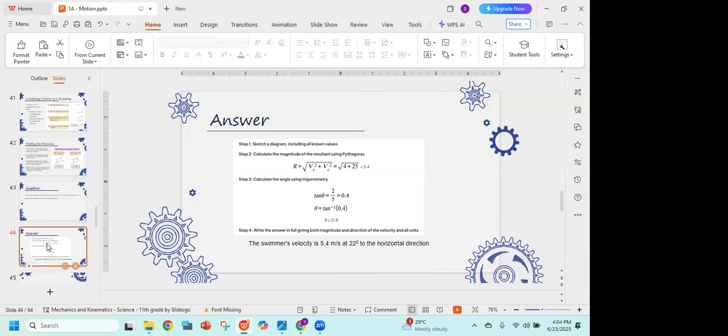Understood? So that means he is going this way, across the riverbank, at an angle of 22 degrees from the horizontal at a speed of 5.4 meters per second. Understood that? So that is how we do those kinds of questions.